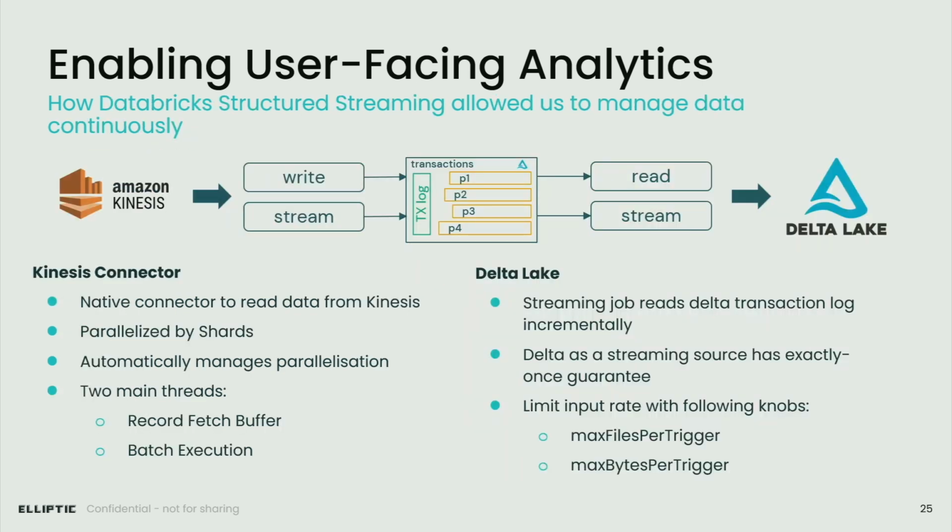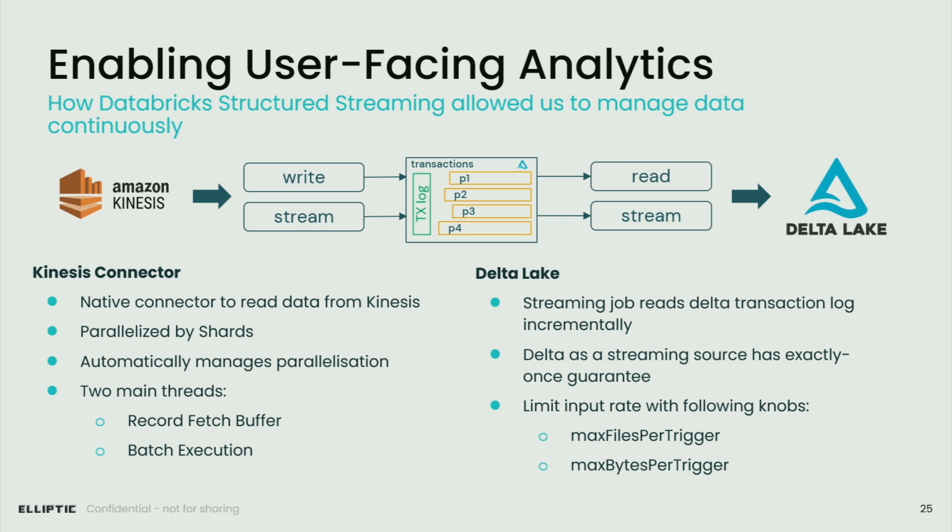So how did we get the data from our source to our SQL warehouses and build that data layout throughout that journey? As Farhan mentioned, we have the Kinesis connector, which is a native connector available within Databricks. The great thing about it is that it's parallelized by shards, and it's also managed for you.